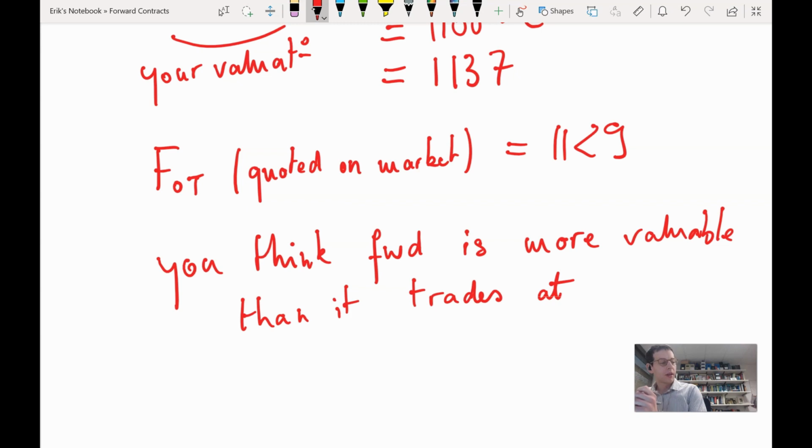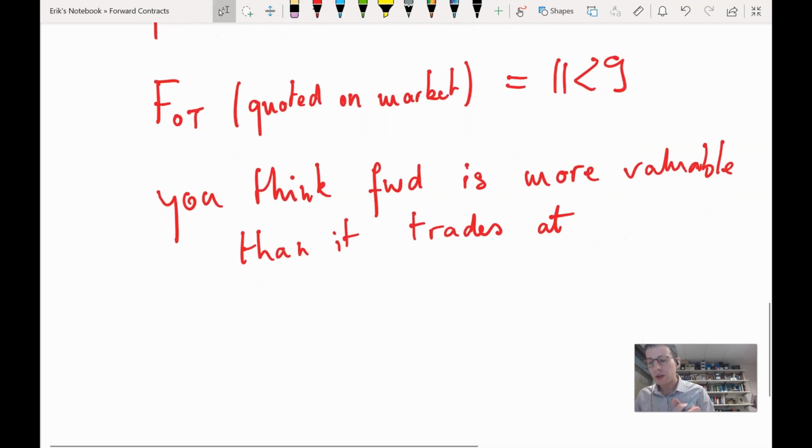Well, it's because the market thinks dividends are going to be 1.5%. You think dividends are going to be really low, almost zero, 0.5%. So the market values dividends a lot more than you do. And so they're going to want to have the stock right now rather than have the stock later. So they would rather have the stock than the forward. You know better than this. You know that the stock actually doesn't bring you much because dividends are so low. So you know that having the forward is going to be actually slightly better.